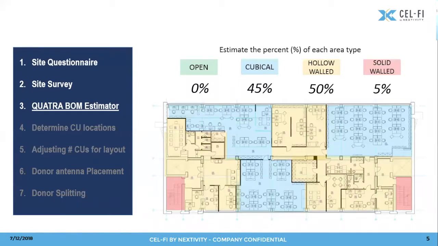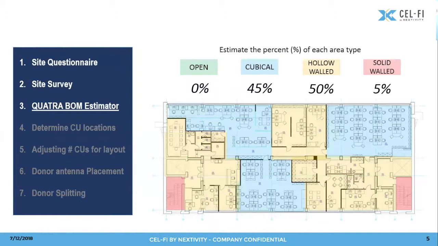Now, on to the estimator tool itself. Again, it's very, very simple. In this example, we have a floor plan, and the idea is to break up the usage of the floor plan into 4 different types of spaces, from the wide open area, such as a warehouse or a parking structure, to the typical cubicle land.